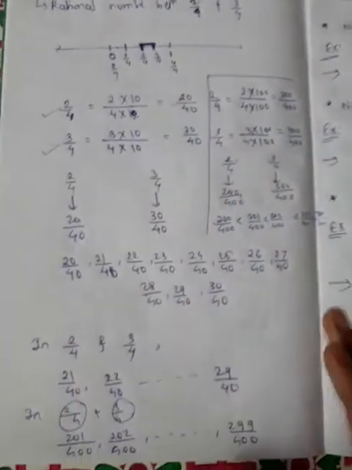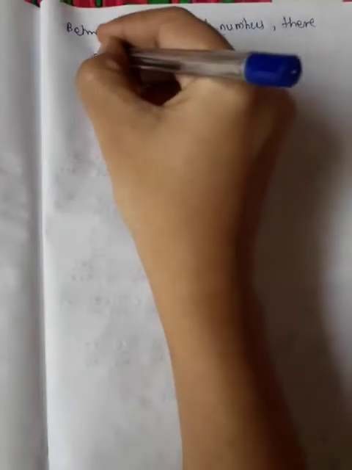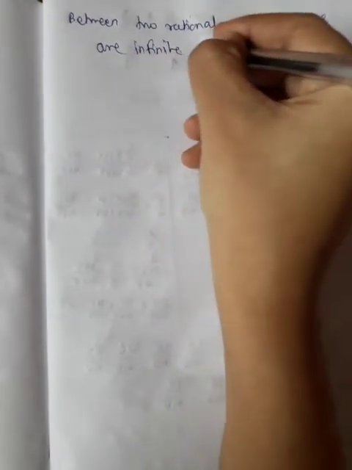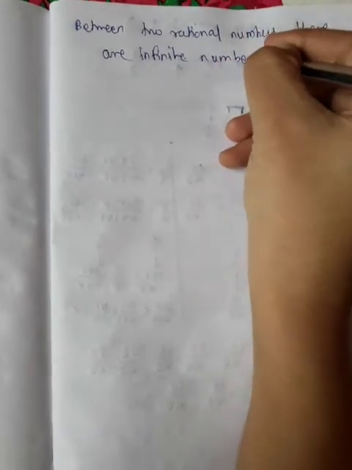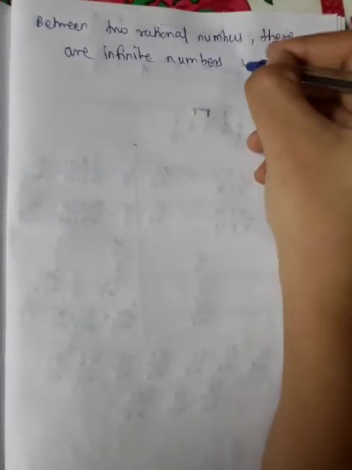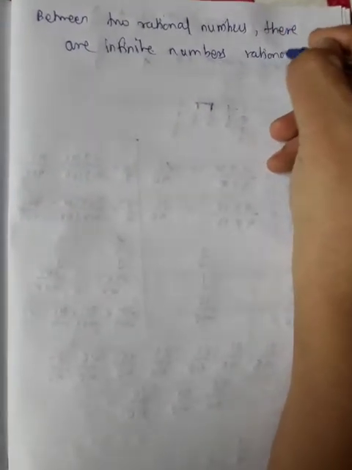Now here we got one property: between two rational numbers there are an infinite number of rational numbers.